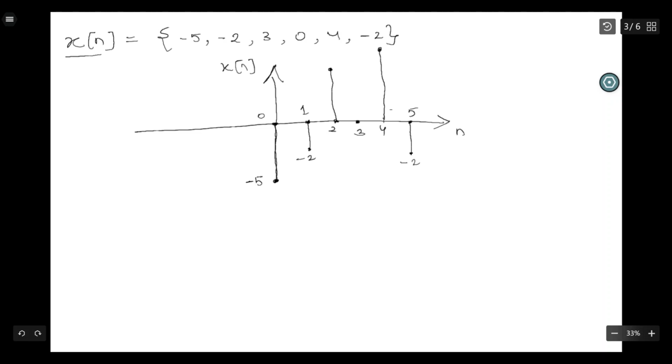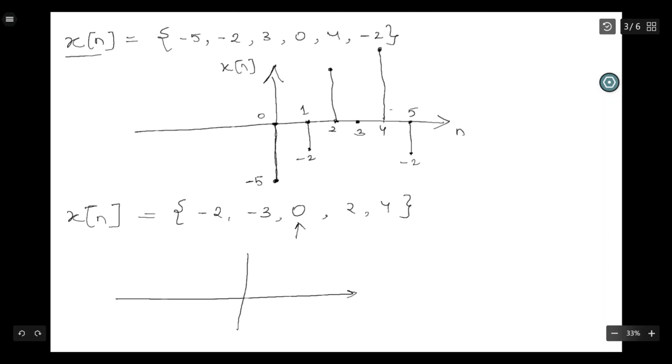And if we are given x of n equals -2, -3, 0, 2, 4, and if in the question an arrow is added, this arrow represents the origin of the signal. So this is the origin of the signal. This is at 0. At -1 we have -3.